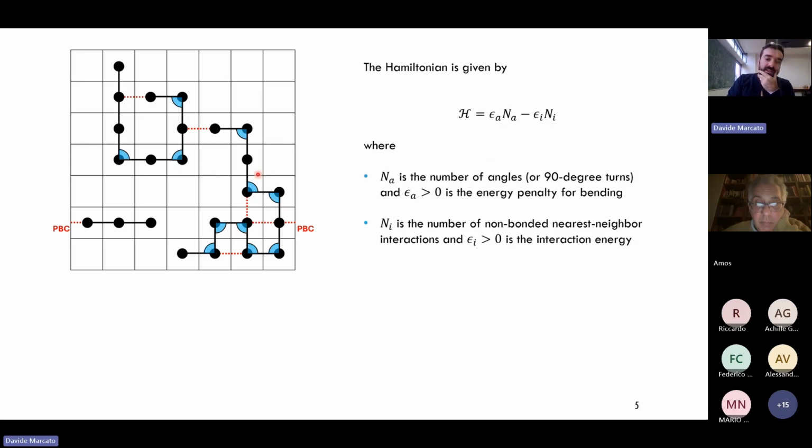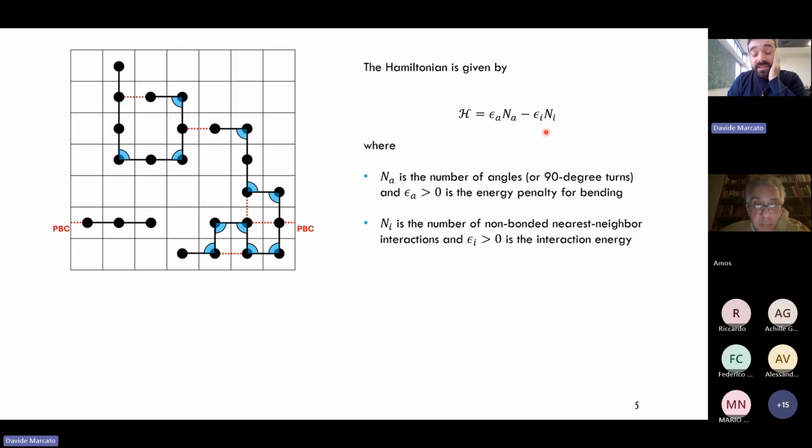So basically this term in the Hamiltonian is there to make the chains somewhat stiff or semi-flexible. This term was introduced because semi-flexibility is a peculiar feature of biomolecules, proteins included, and so we introduced that in the model.